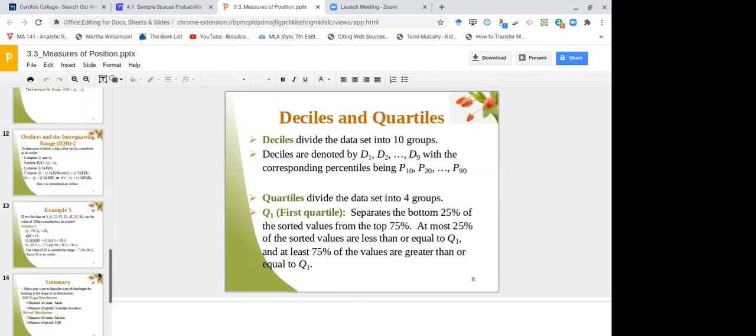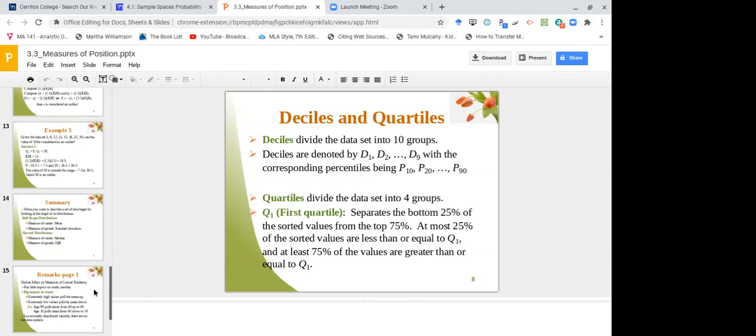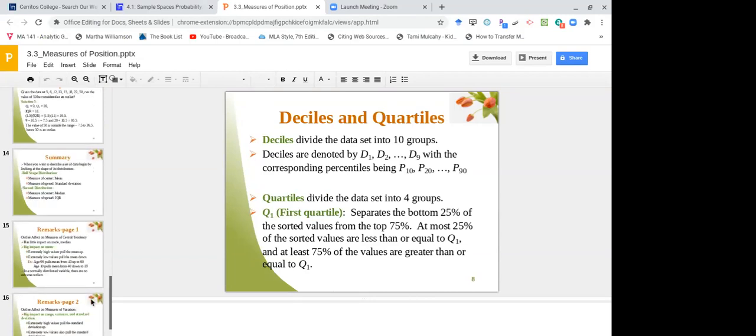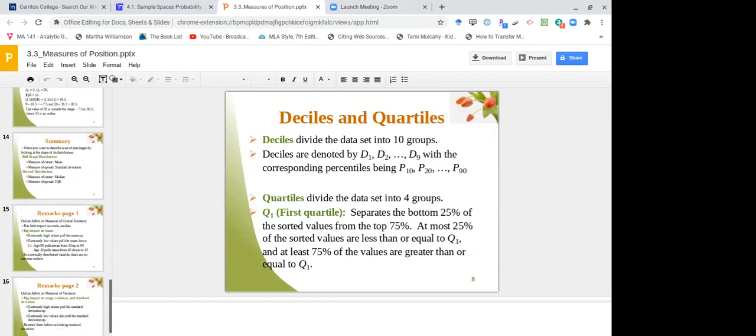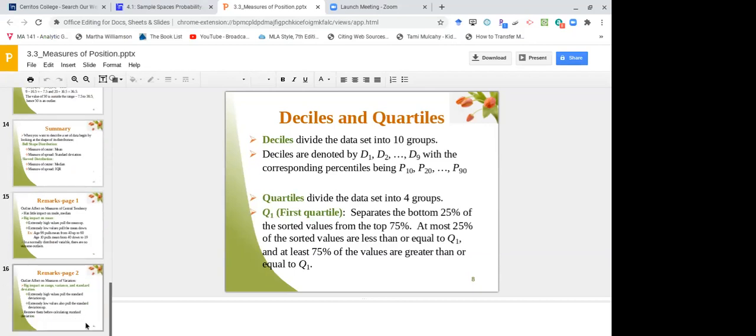So these are the measures that you want to pay attention to: z-scores, percentiles, the given number that corresponds to a percentile, and the deciles and the quartiles. That's this section, which is 3.3.